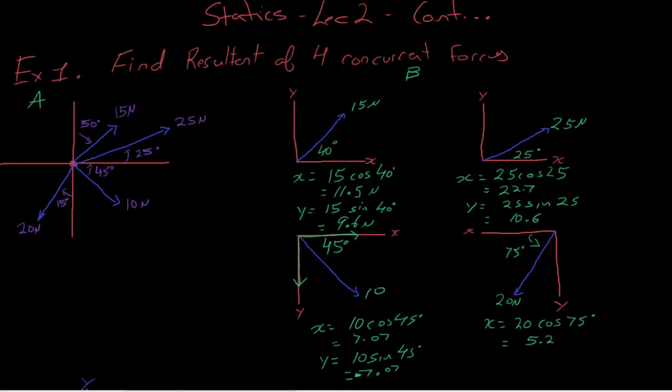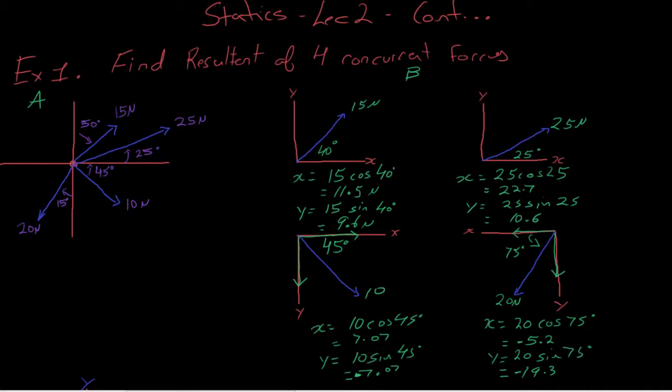And remember, this x component is actually going this way, into the negative direction, so this has to be negative 5.2. Y equals 20 sine 75 degrees, which equals 19.3. Again, the y component is actually going down, so this has to be negative as well.